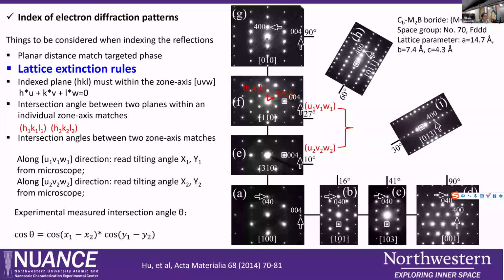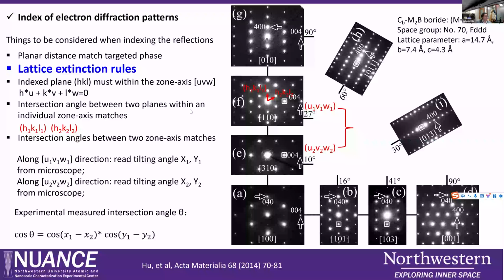Sometimes in the literature they index some lattice planes and also some zone axes, but they are actually wrong, because if you multiply them, they are not 0.